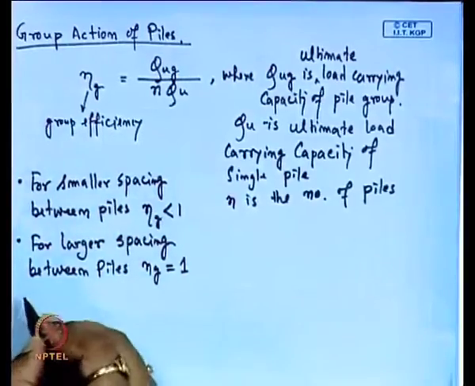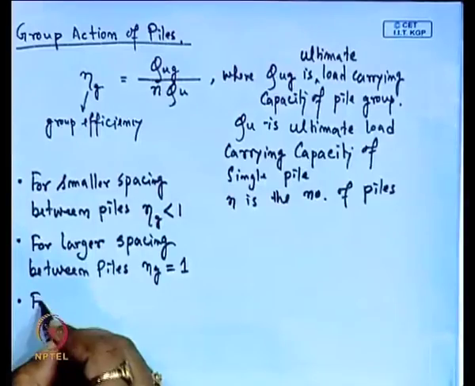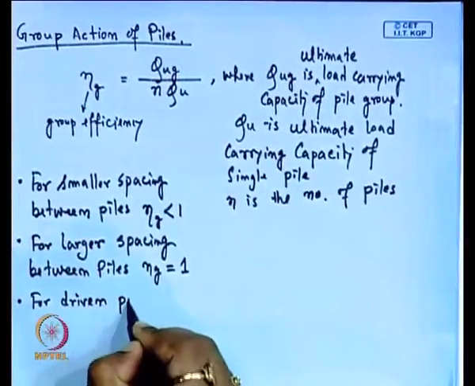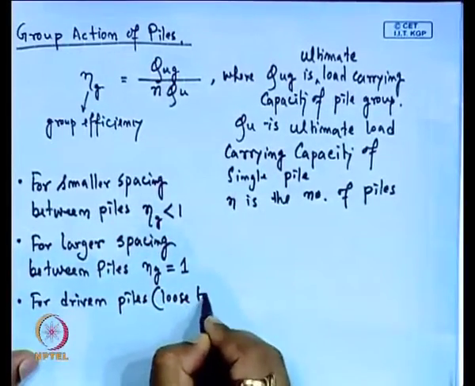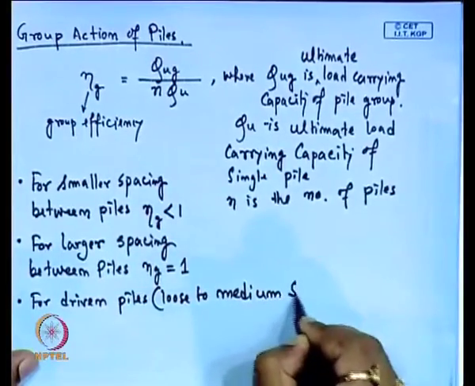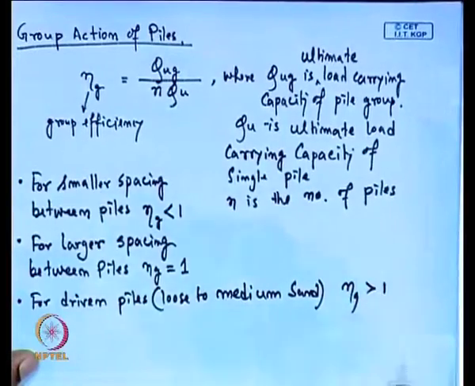Now, another thing: for driven piles in loose to medium sand, the efficiency can be greater than 1.